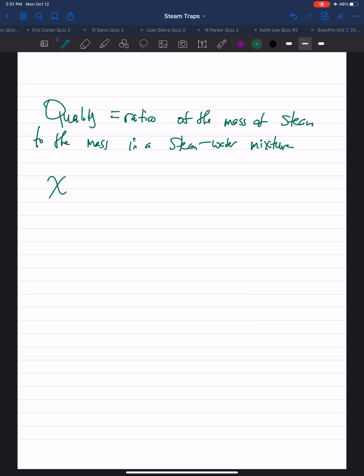So quality is usually abbreviated by X, mass of steam over mass of steam plus water, or usually condensate.